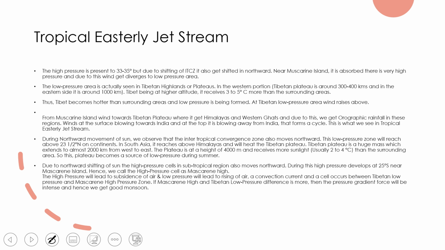now one of the first factors behind the formation of the monsoon is the tropical easterly jet stream. The high pressure is present at 30 to 35 degrees, but due to the shifting of the ITCZ it also gets shifted northward. What does it mean?